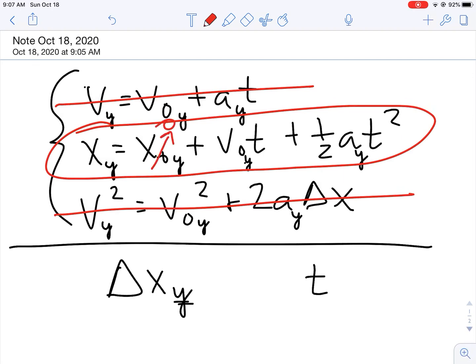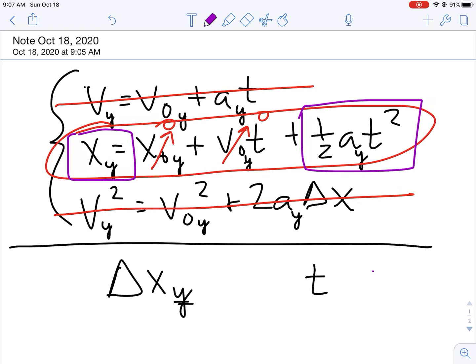And our initial vertical velocity was 0 because it was a horizontal launch. So that simplifies our equation. It boils down to final height is equal to 1/2 at squared.